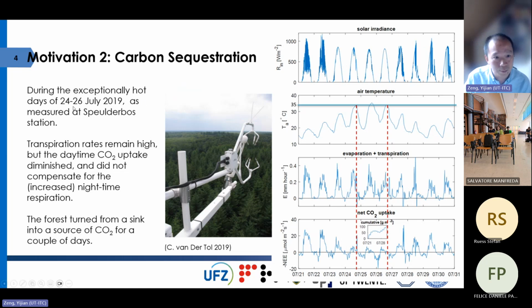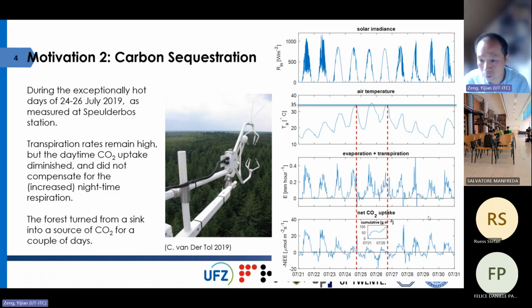Here is an example for July 24 to 26 of 2019. You can see that the air temperature reaches above 35 degrees. This is a very critical temperature limit for an ecosystem to stop photosynthesis. And this has consequences.